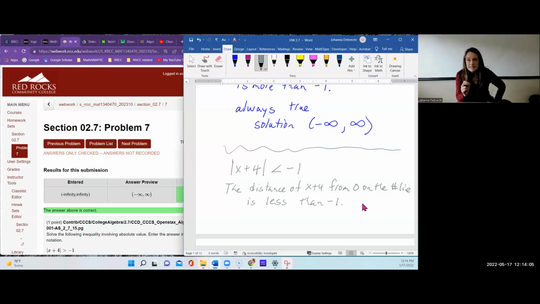The distance is less than -1. That's not possible. Absolute values are non-negative, and since they're either 0 or positive, they can't be less than a negative. There's nothing I can put in that's going to make this one true. There's no solution to this problem.